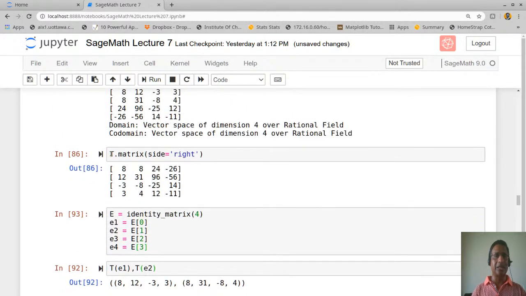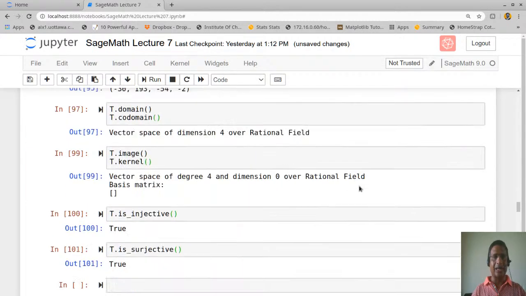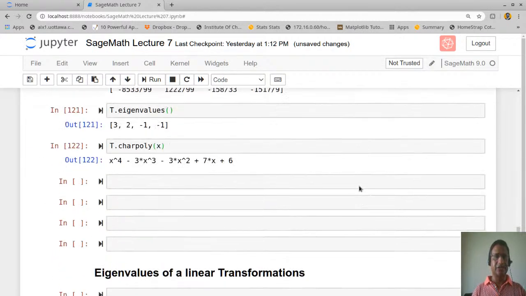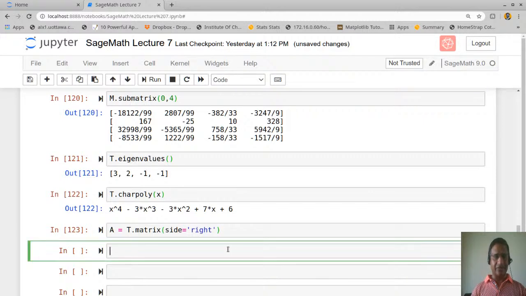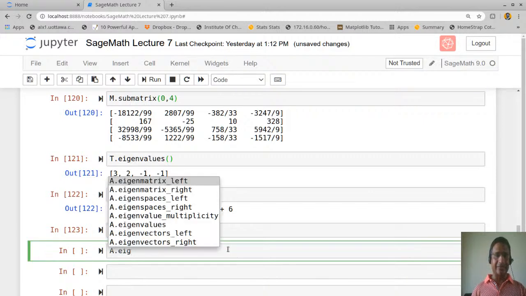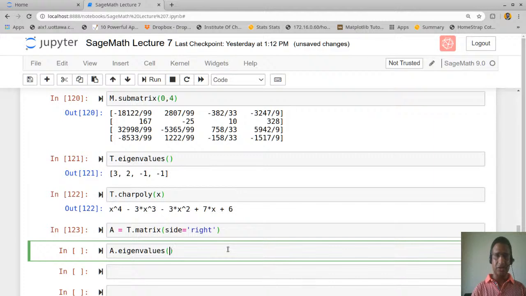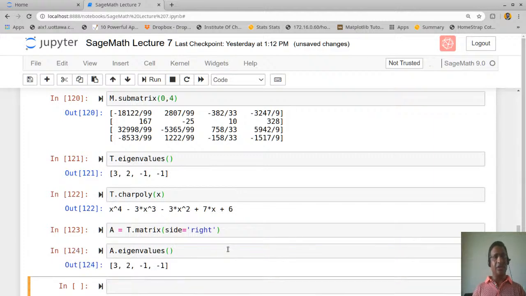Let me call this matrix with respect to the standard basis as A. And when I say A dot eigenvalues, that is again 3, 2, minus 1, 1. But again the question is, if you change a basis, whether the eigenvalue will change.